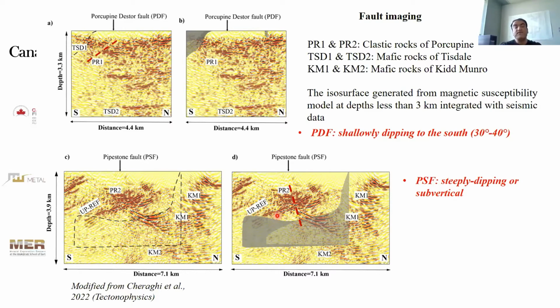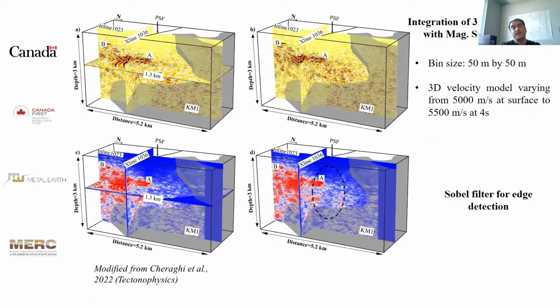If we look at the 3D data set in the northern part of the Matheson area, I considered pre-stack time migration with a cell size of 50 by 50, and it provides more details about the Pipestone Fault. We can see north-dipping and south-dipping reflections next to that saucer-shaped reflection in 2D.